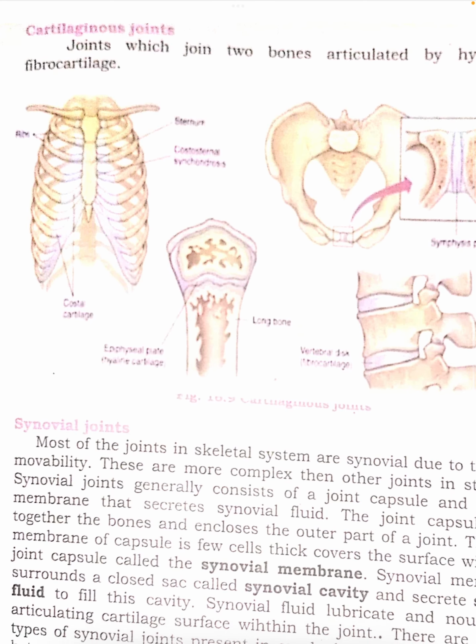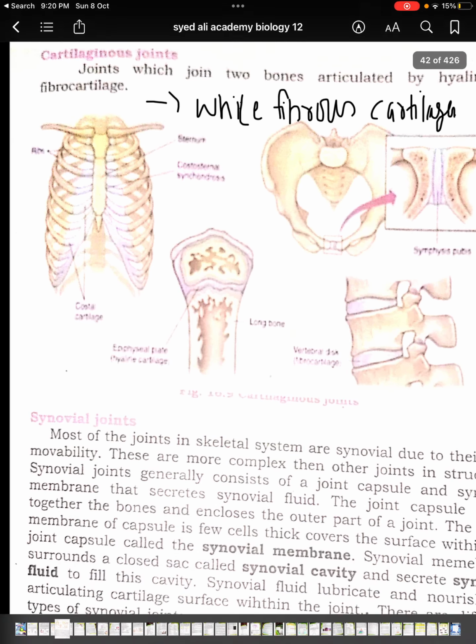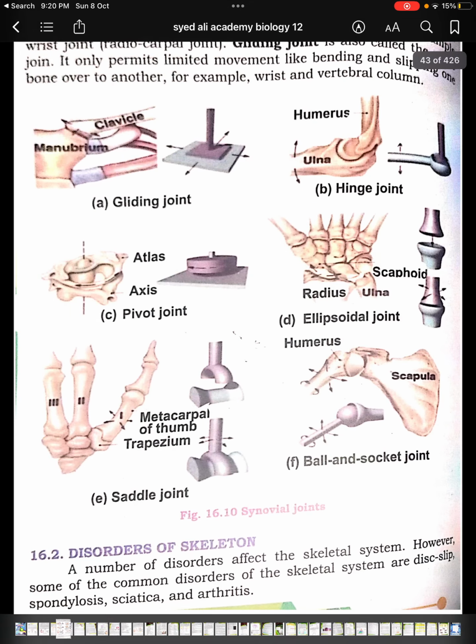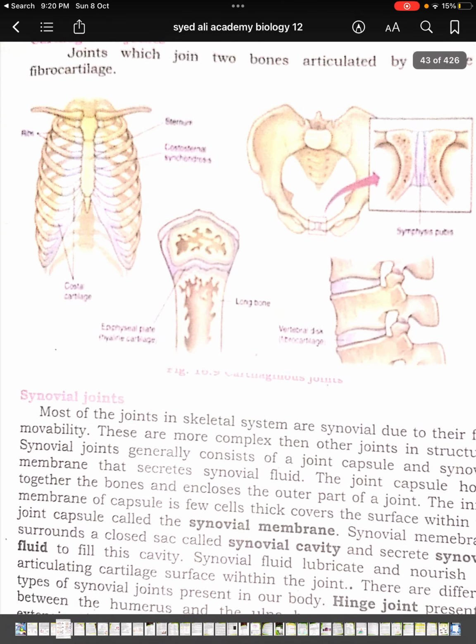In these cartilaginous joints, we have white fibrous cartilages, or we can say we have hyaline cartilage over there.